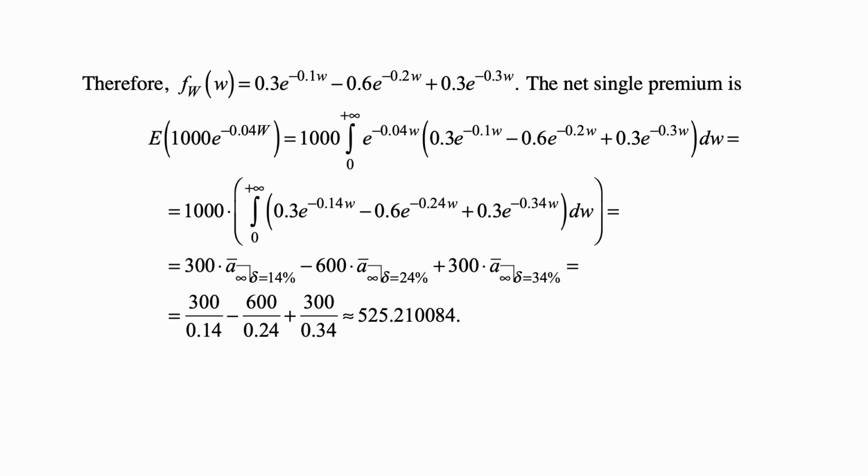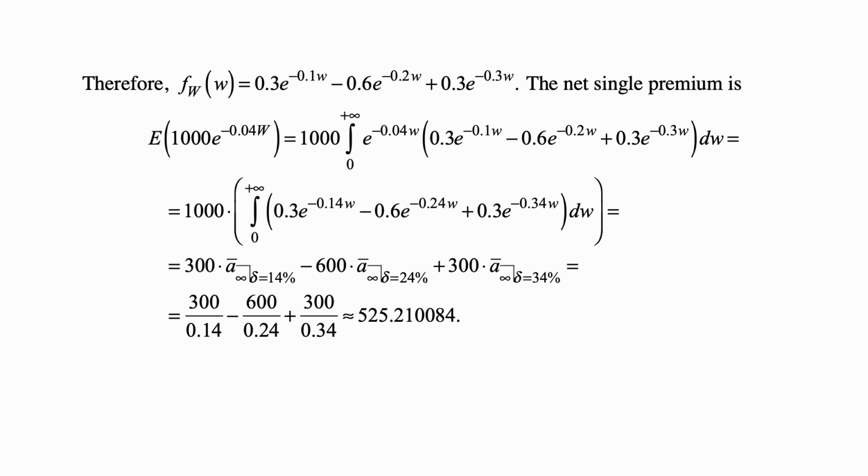And the integral of e to the minus 0.14 w dw is just a bar angle infinity at delta equal to 14%. This is 300 times a bar angle infinity at delta equal to 14%, minus 600 a bar angle infinity at delta equal to 24%, plus 300 a bar angle infinity at delta equal to 34%.